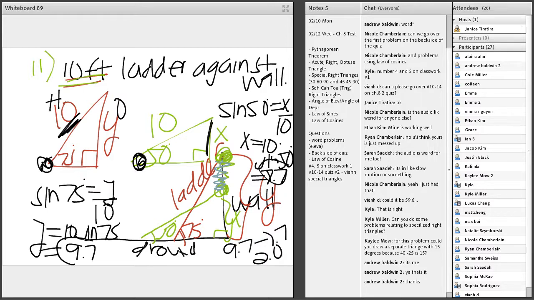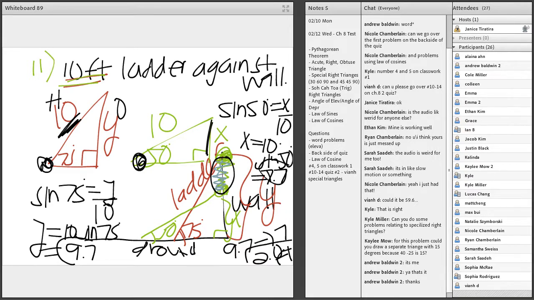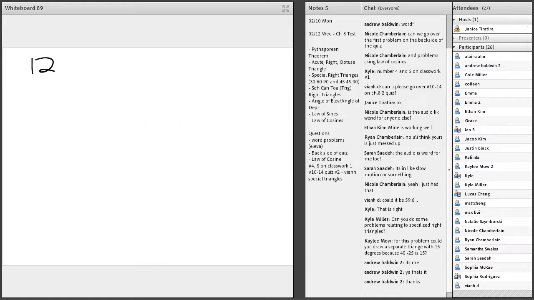So 2.0 feet is how much it slipped down the wall. So this is the amount we wanted to figure out. There might be a lot of those to look out for, where you have two right triangles to look at and then subtract them. Okay, then we have number 12, 13, 14 on the quiz, then we'll do some law of cosines and special triangles.